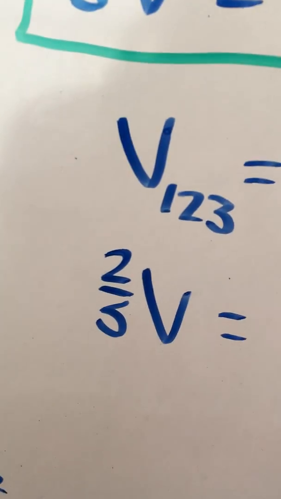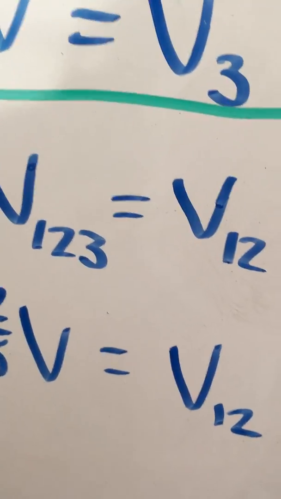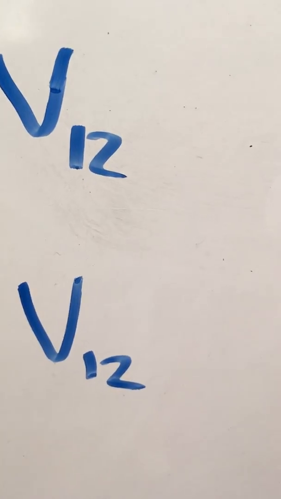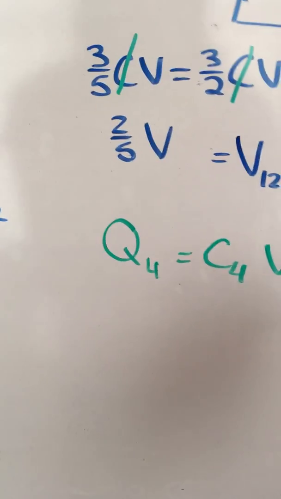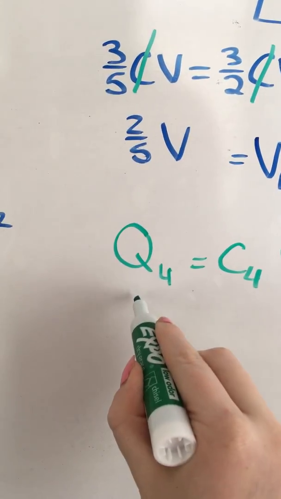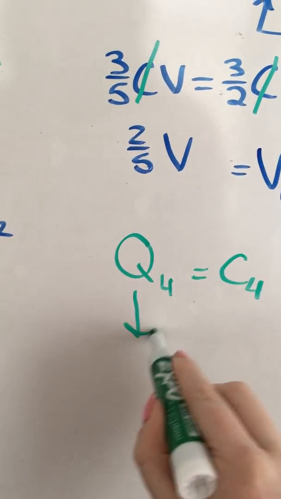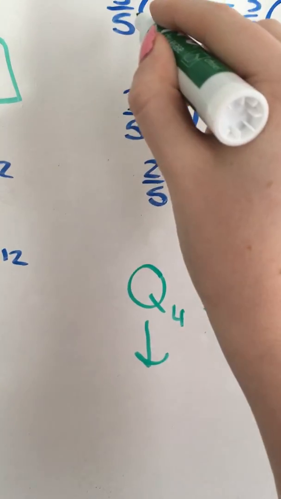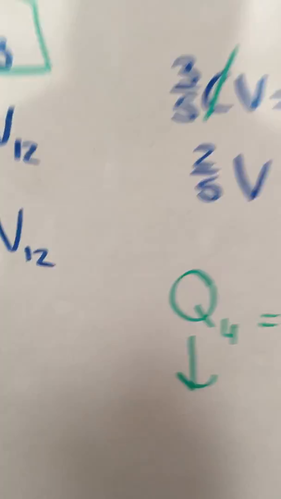So that means that Q4 is equal to C4 V4. So we're going to run along those same lines right here. Again, we know that Q4 is equal to Q123, and the magnitude of that is 3/5 CV. So I'm doing that right here.